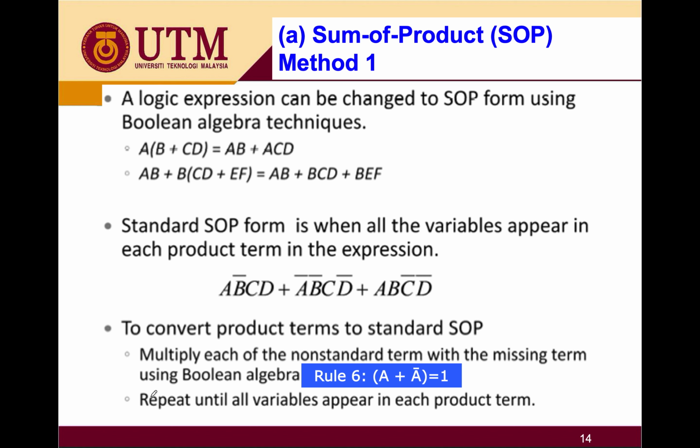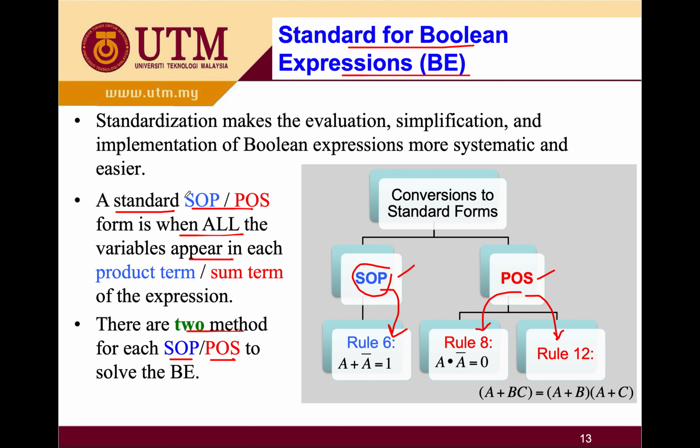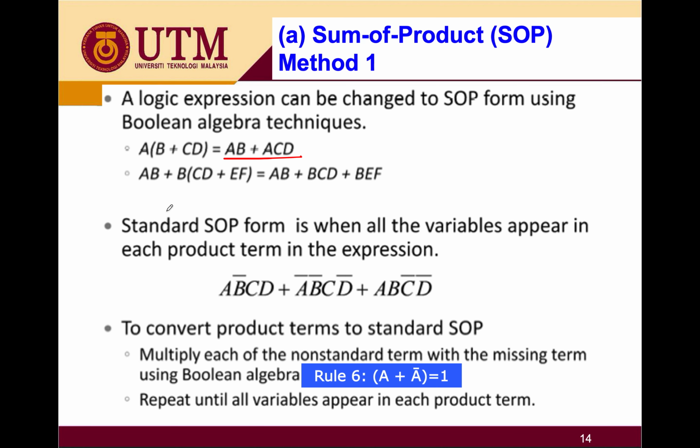Let's look into our first one, which is under SOP. There is an example like this: a factoring b plus cd, and then you get ab plus acd, which is non-standard. Non-standard because there is no c and d over here, and in this one there is no b.